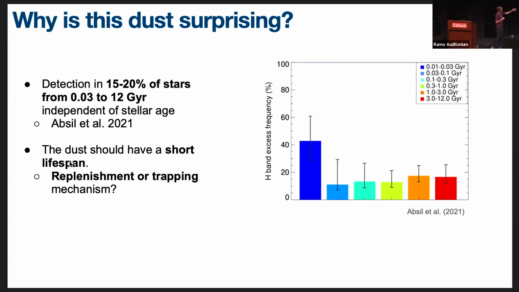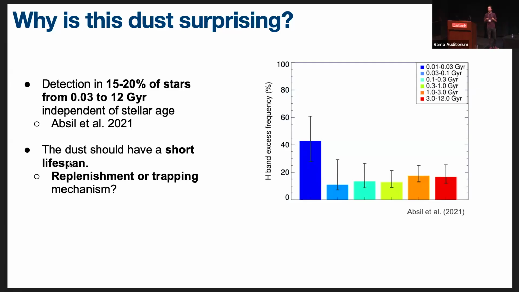What we have is the H-band excess frequency as a function of stellar age. You can see that a lot of the hot dust is detected around very young stars. But then, as we increase in stellar age, we have more or less a constant rate of detections. So there is a presence of this dust regardless of stellar age.